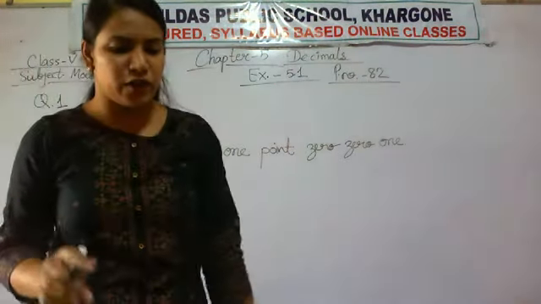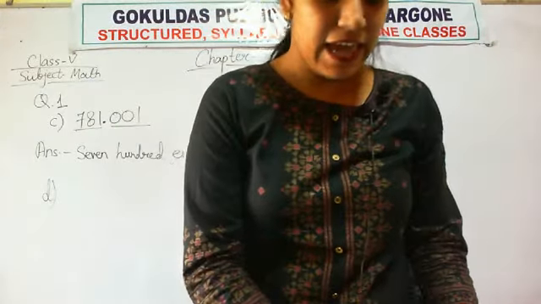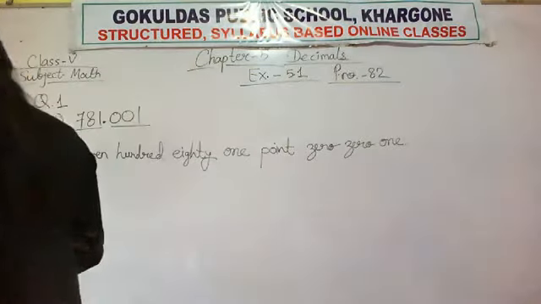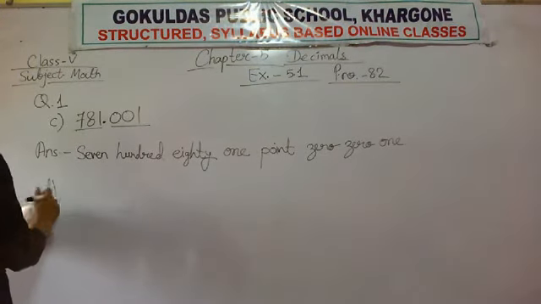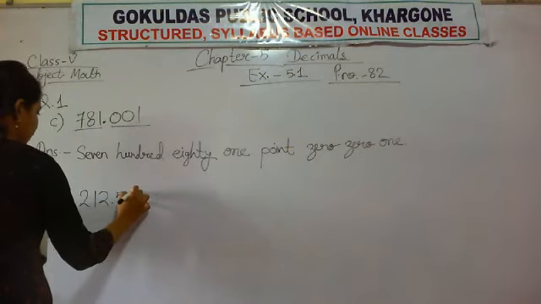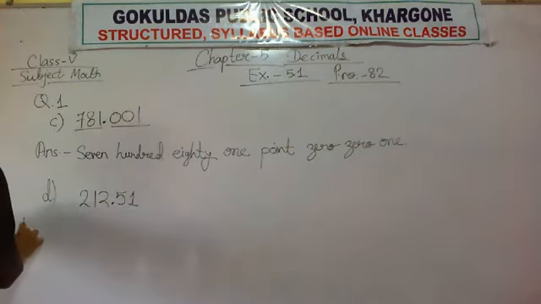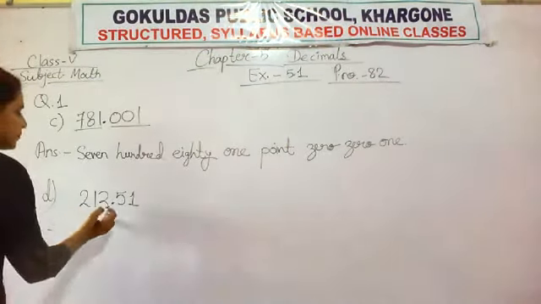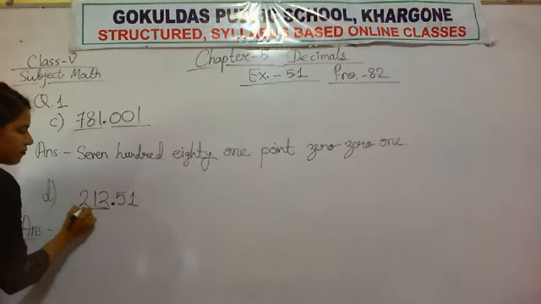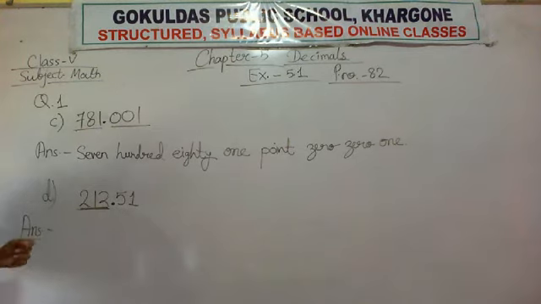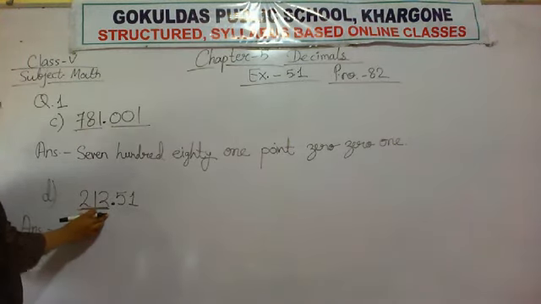Now I am doing one more for you. E, F, G, H you need to write on your own. I am doing D for you, that is 212.51. How will you read this number? The part left of the decimal is the whole number, right? We know that we read the whole number together.